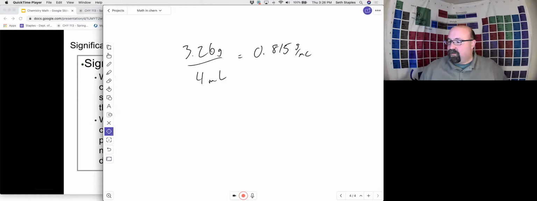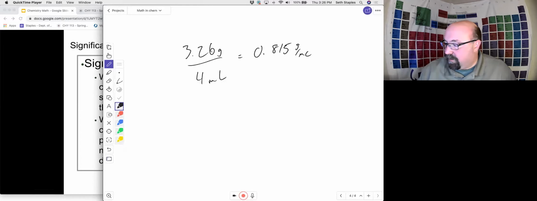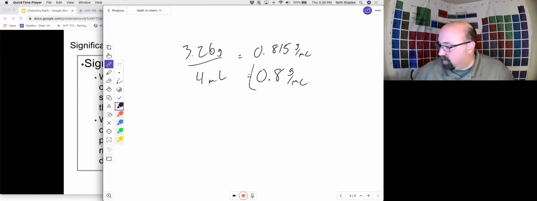But I look at my significant figures, I have 1, 2, 3 here, I have 1 here. My final answer can only have the number of significant figures of my least accurate measurement. My least accurate measurement has 1 significant figure. And therefore my answer, I have to round to 1 significant figure. So I'm going to report this as 0.8 grams per milliliter.